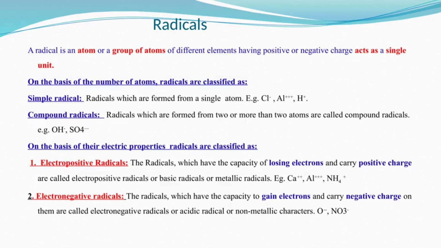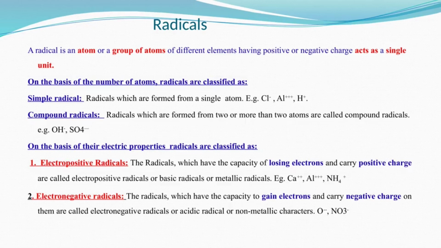So that is on the basis of number of atoms, and on the basis of their electric properties, or charge on it, they are classified as electropositive radical and electronegative radical. So what is the definition of electropositive radical? The radicals which have the capacity of losing electrons.